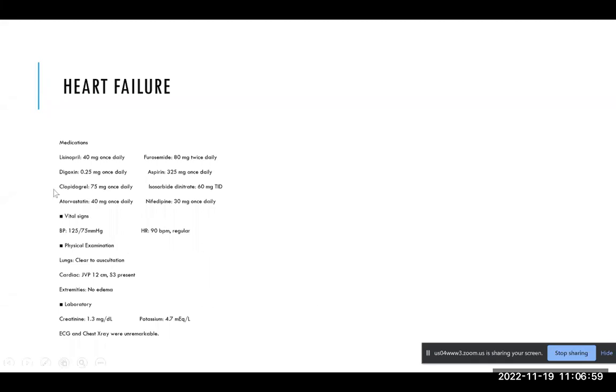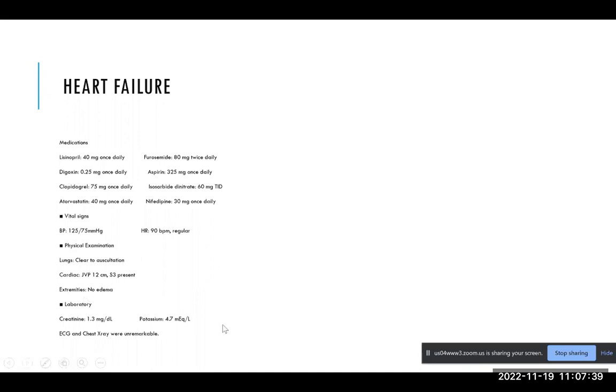These are not clear, I'm sorry for this, but these are the usual heart failure stems. They are very long and you just need to read and read. Medications: lisinopril 40, furosemide 80, digoxin 0.25, aspirin 325, isordil 60 TID, Plavix 75, atorvastatin 40, nifedipine 30. Vitals are stable, heart rate is a bit higher, lungs are clear on auscultation, JVP with S3 present, extremities with no edema, creatinine 1.3, potassium 4.7.